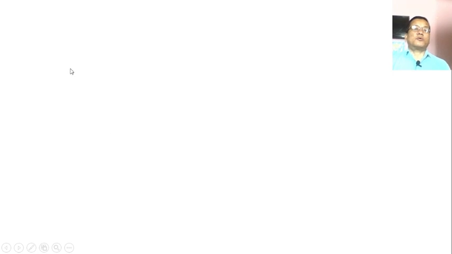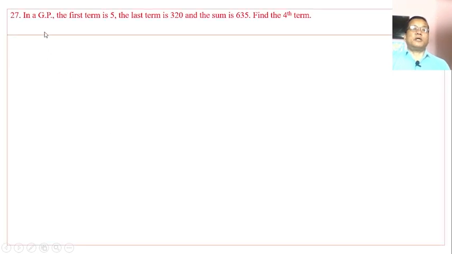Question number 27. In a GP the first term is 5 and the last term is 320 and the sum is 635. Find the fourth term.